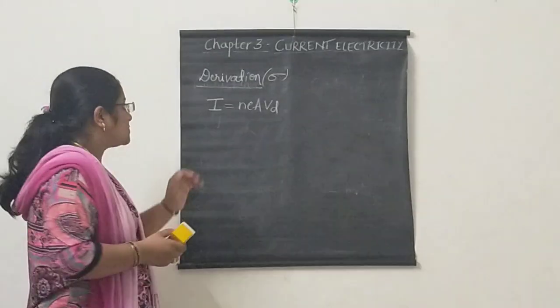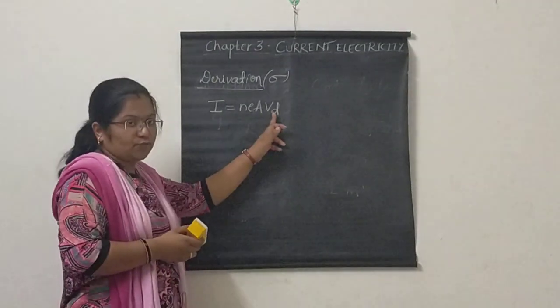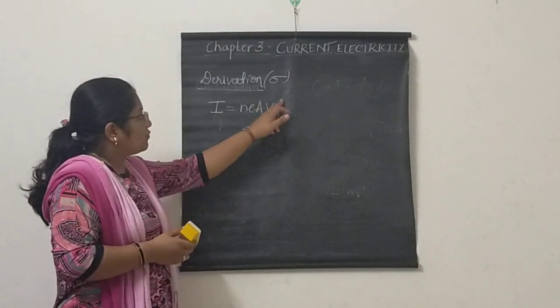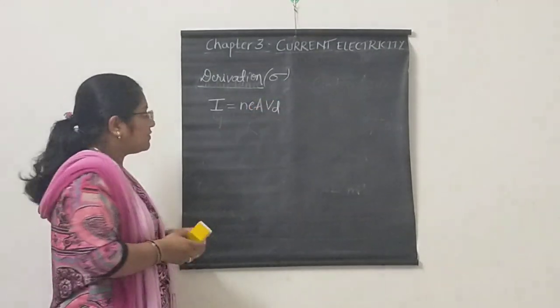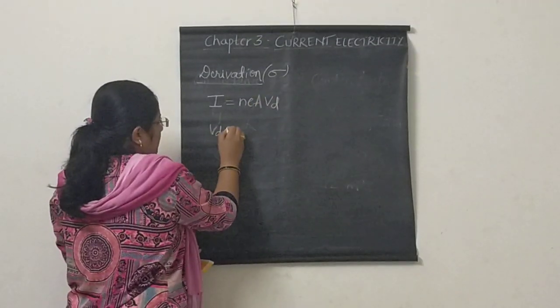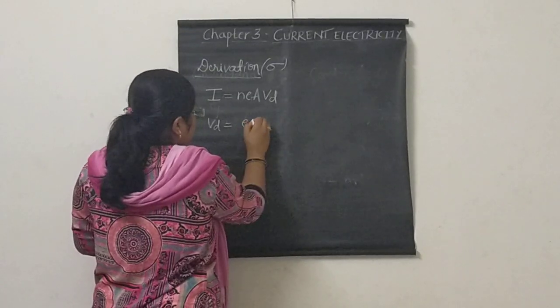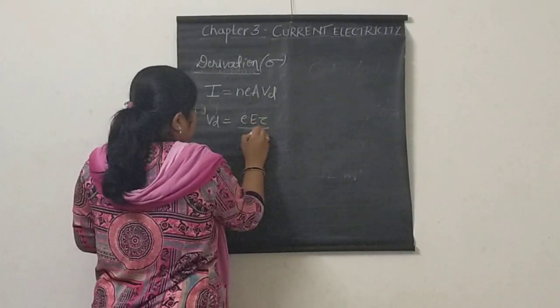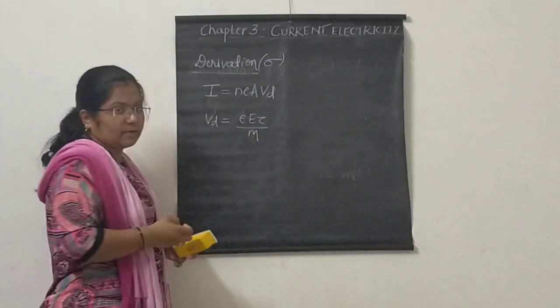Don't forget it. Instead of VD, we can replace VD with E into tau divided by M.